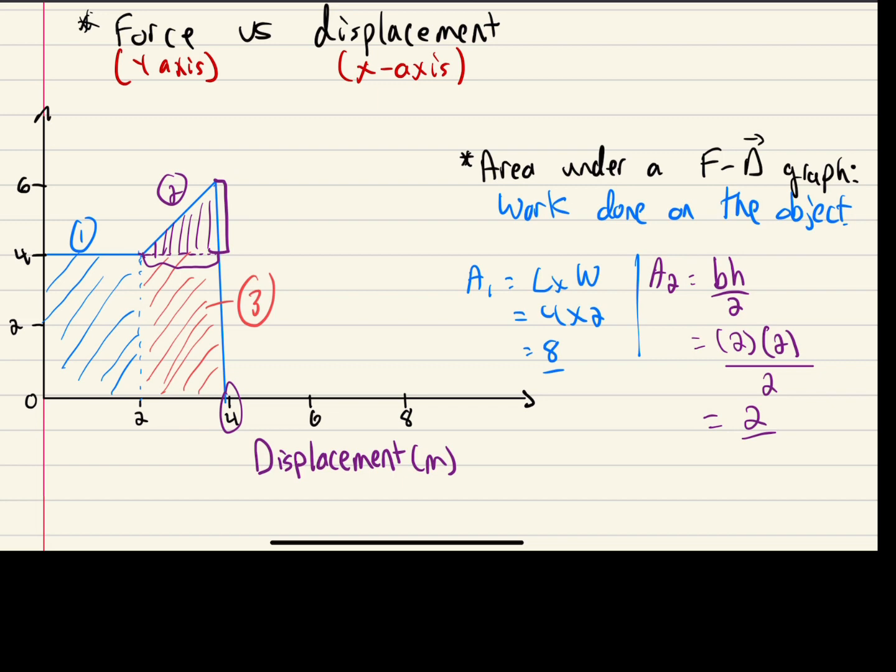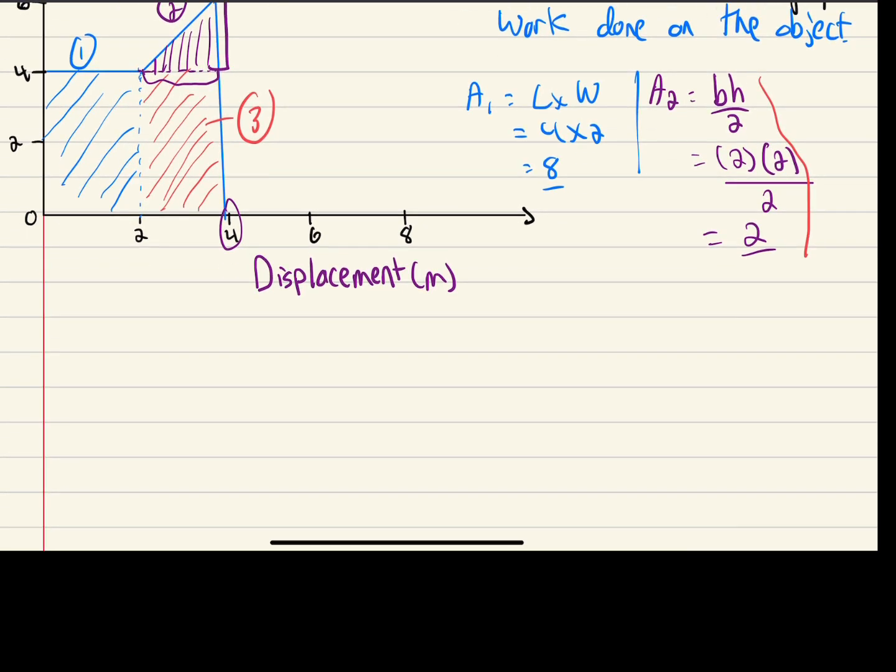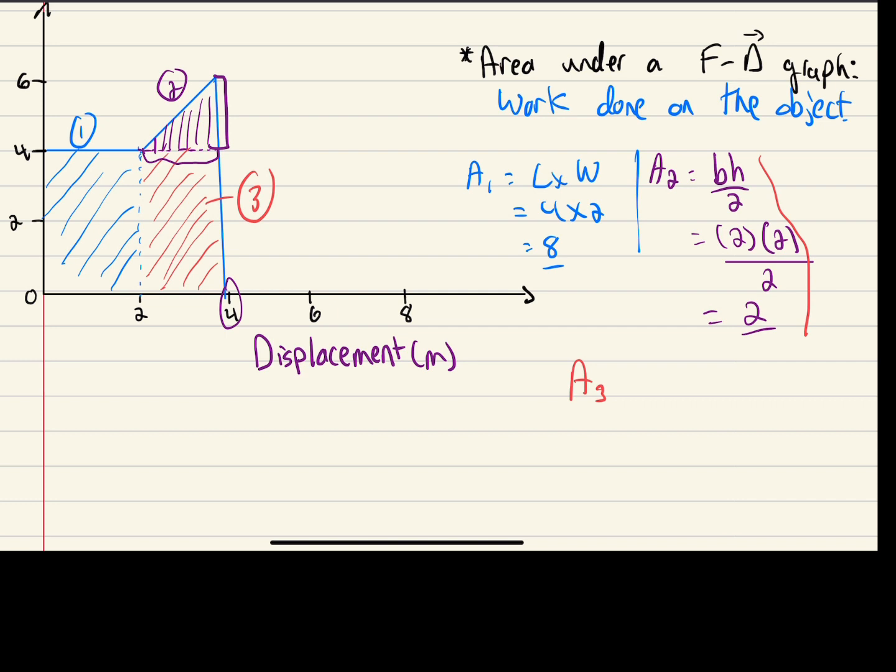And then finally, we're going to do a third area here, which is a rectangle again, which looks like it goes from 0 to 4. So length times width, where it's going to be 4 times 2. And I know it looks different than this one over here, but again, that's because we didn't do it to scale. Okay, so this is also going to be 8.